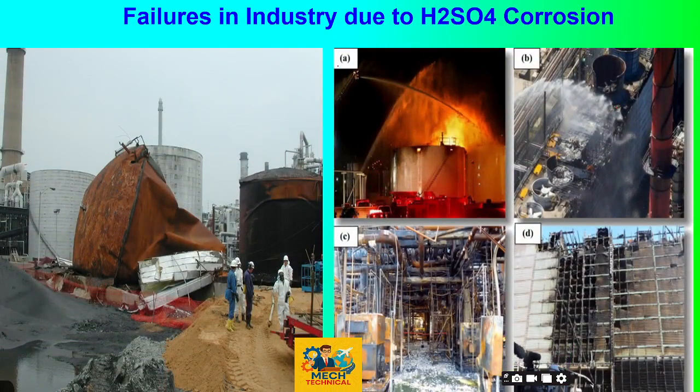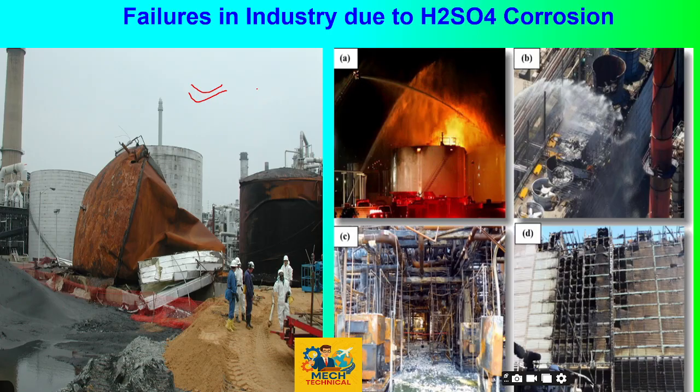These are incidents you can see which have happened earlier across various industries. So we have to be extra cautious in refineries. We have sulfuric acid plants and alkylation units. In those, we have to be more proactive because we are manufacturing large amounts of sulfuric acid.